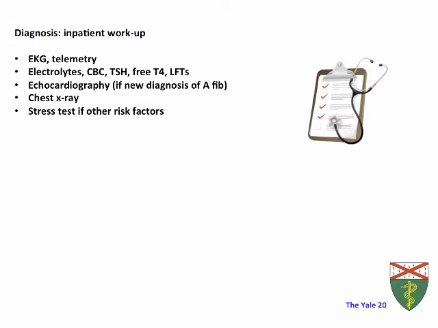The inpatient workup includes ECG and telemetry, measurements of electrolytes, CBC, TSH, free T4, and LFTs to evaluate for underlying causes of AF, possibly an echocardiography if this is a new diagnosis of AF, to evaluate for structural causes, a chest x-ray, and possibly a stress test if the patient has other risk factors or other symptoms concerning for ACS.